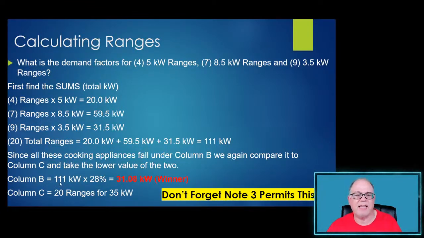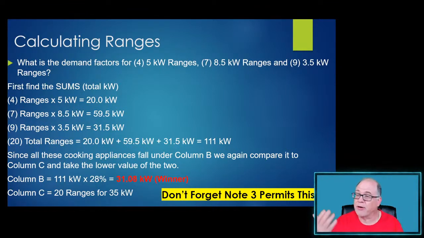All right, so we take that 111 kW, multiply that by 28%, or 0.28 if you like to do it in decimals. Start from the 8 on the right, move 2 decimal spots to the left, and put that dot there. And that's 0.28, however. That equals 31.08 kW.